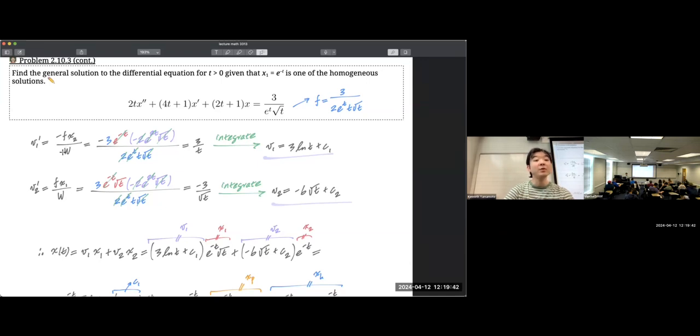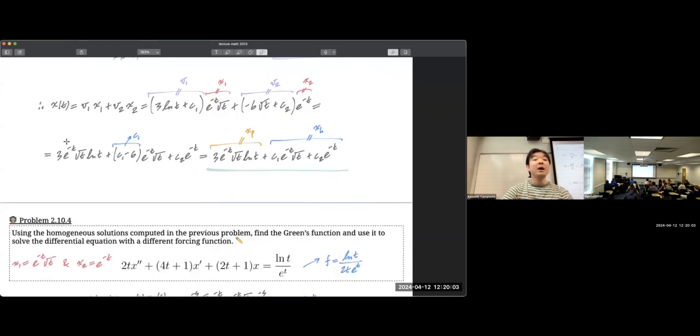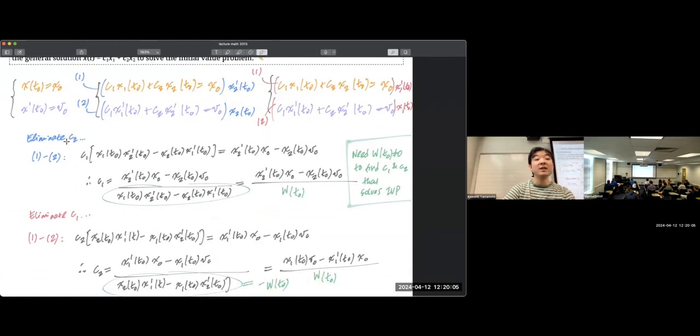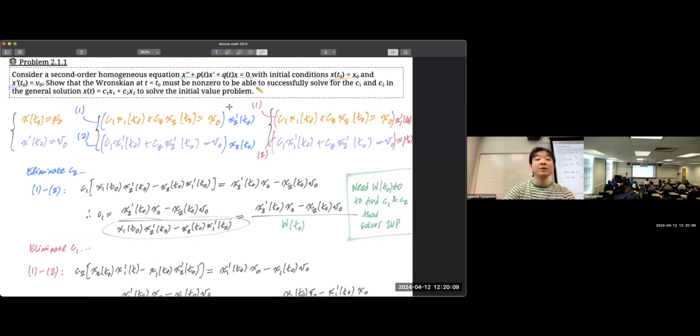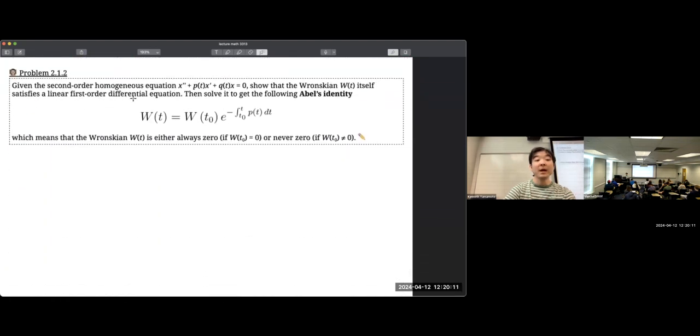So we already knew back then that there would have been problems if our W ended up being 0, right? Because we would have had an issue being able to find v1 prime and v2 prime. So they're connected, right? We needed W to be not 0 back then to find v1 prime and v2 prime using Cramer's rule. And it just is confirmed here that you need that also to be true if you want to solve any general initial value problem. Okay.